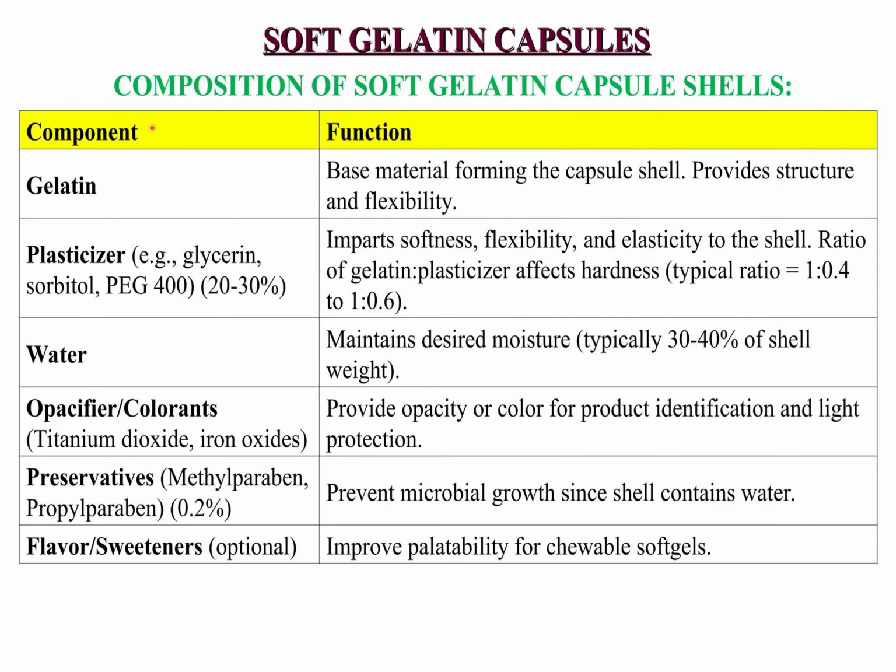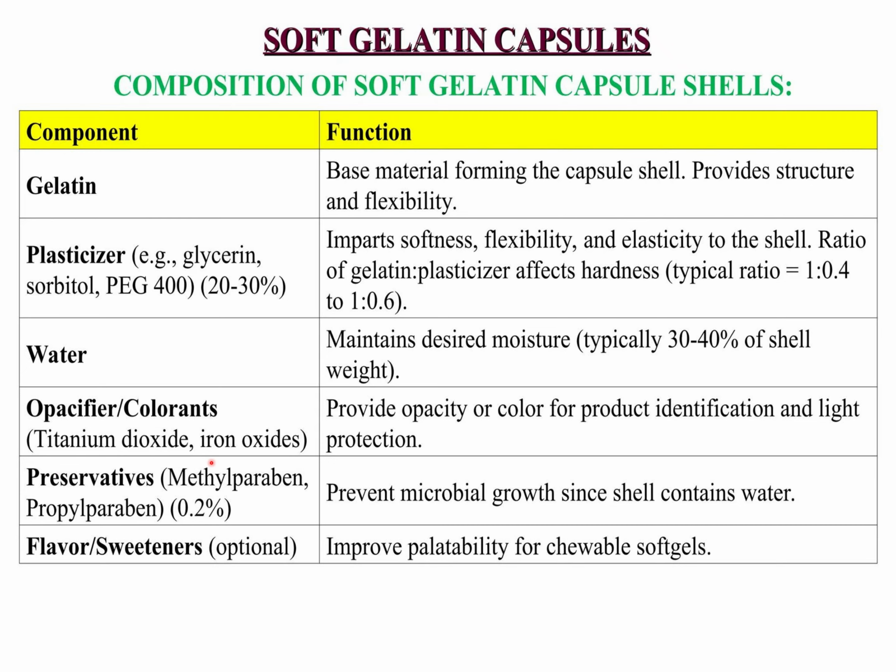Now let's see the composition of soft gelatin capsule shell. We have read this in previous lecture of hard gelatin capsule. Okay, so the composition seems to be much more similar as that of hard gelatin capsule. So let's start. First one is gelatin, plasticizer, water, opacifier, preservatives, flavor.